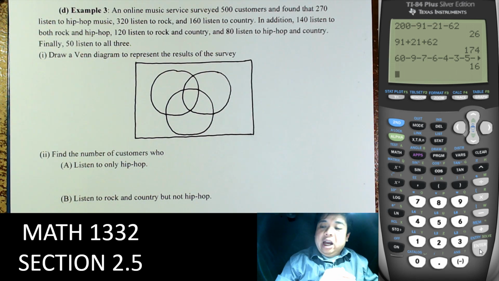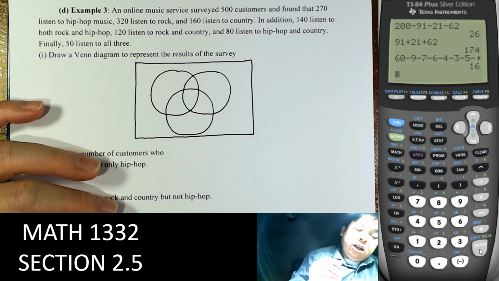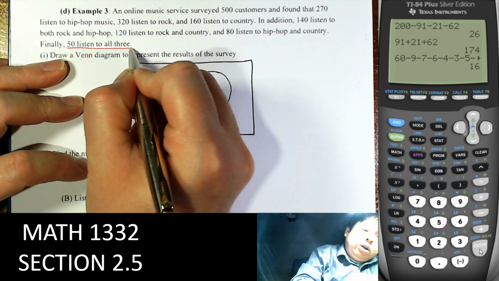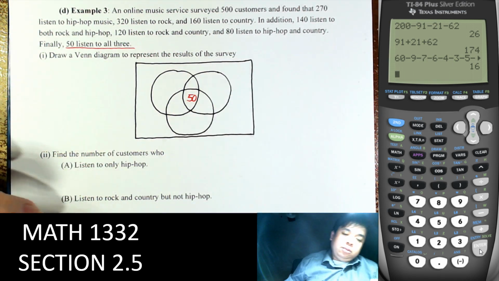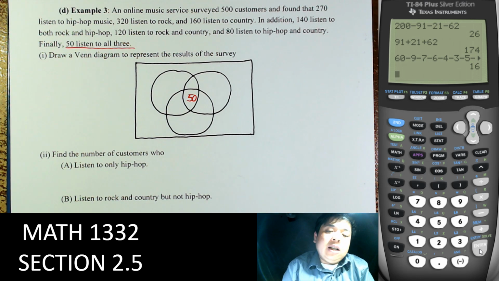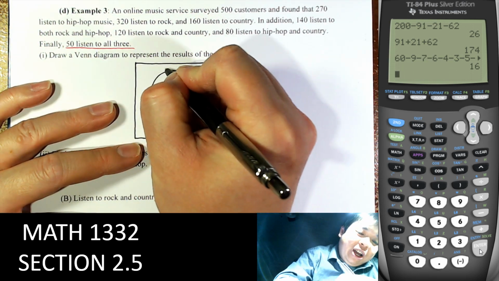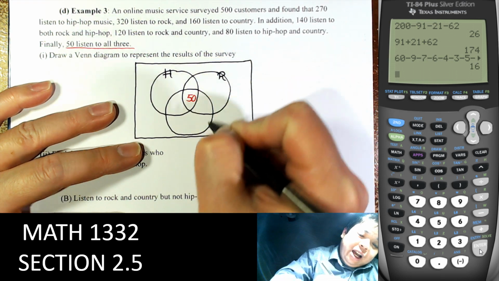As we see this type of problem, first we look for the innermost and then work our way outward. So 50 listen to all three of them. That's where we start. Next, we have 140.